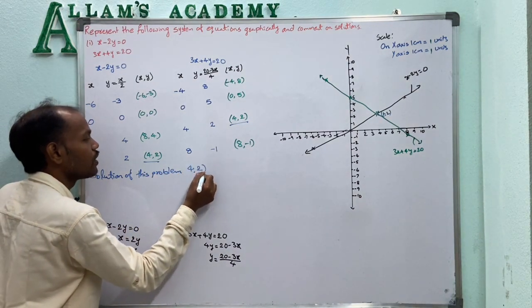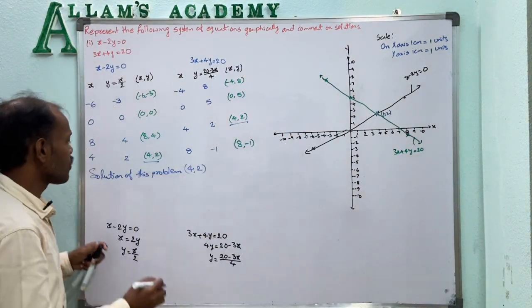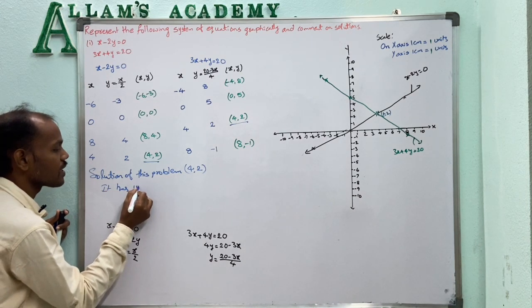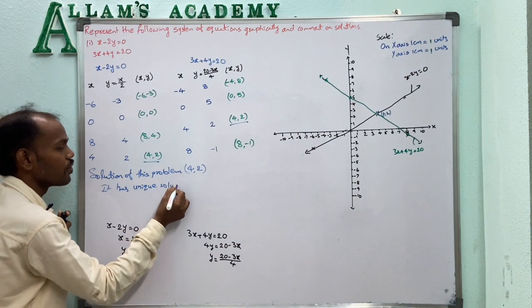They meet at one point only, and one means that it is called unique. So it has a unique solution.